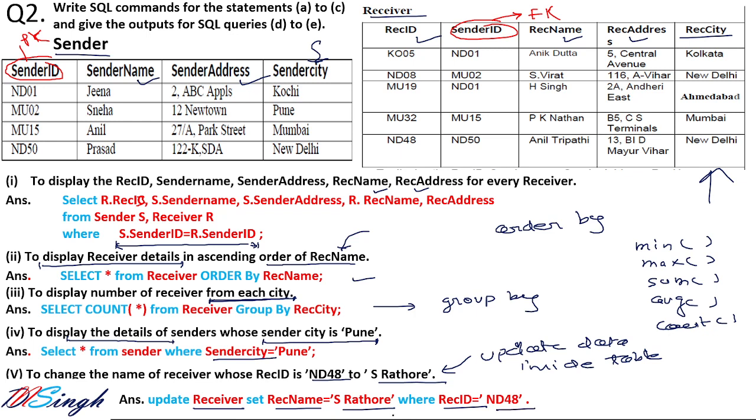The important thing is to find out which clause you are going to use for that particular scenario. Whenever you see display, display, display, remember you are going to use the select clause. Now inside the select clause, is order by required, where required, group by required, having required?